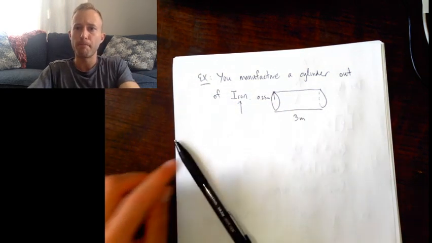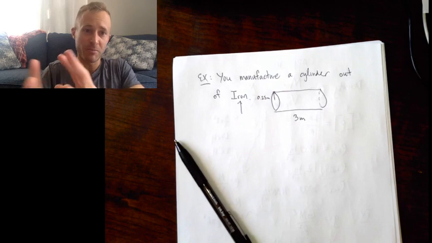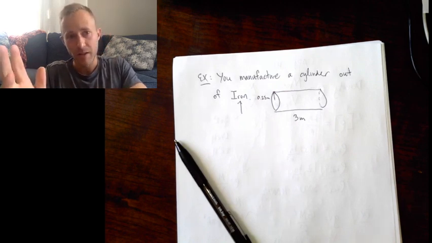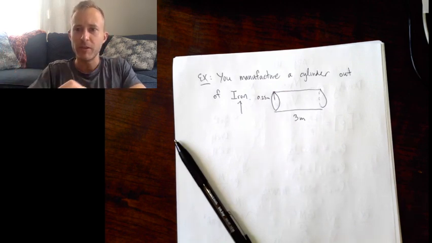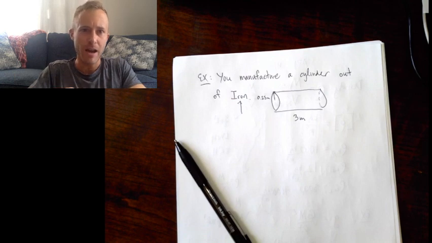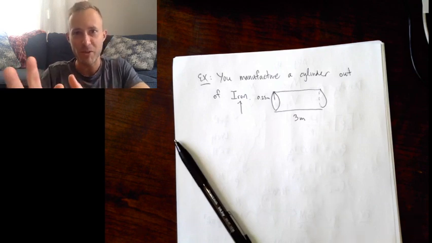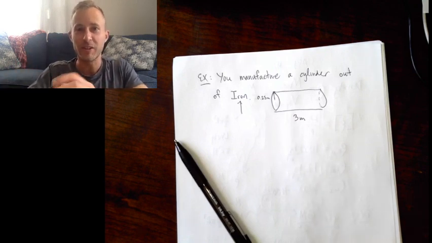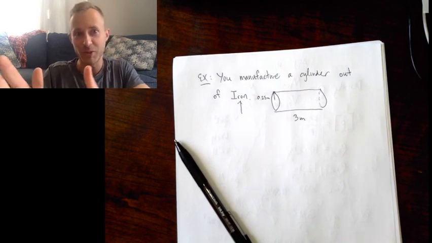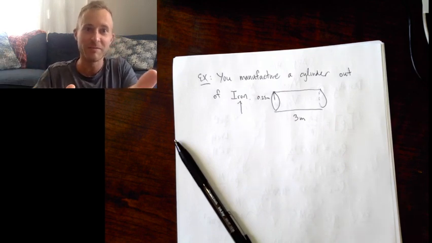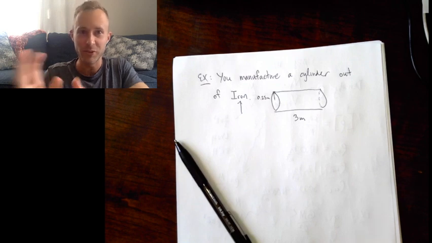Okay? I'm going to assume it's metallic iron because even if something is made out of iron, well, there's different preparations of iron. It's like if something is made out of carbon, for example, graphite is carbon, but then also diamond is carbon.